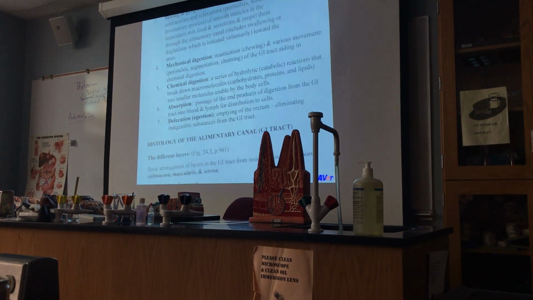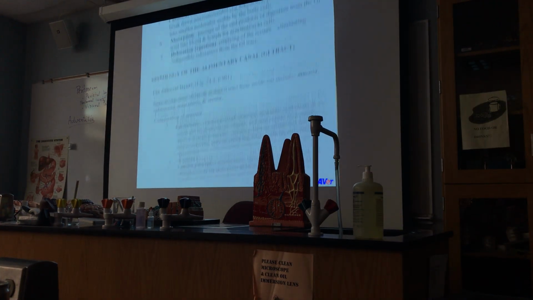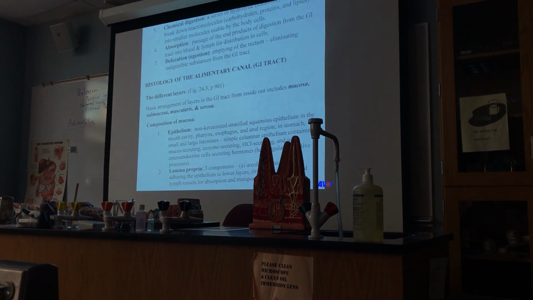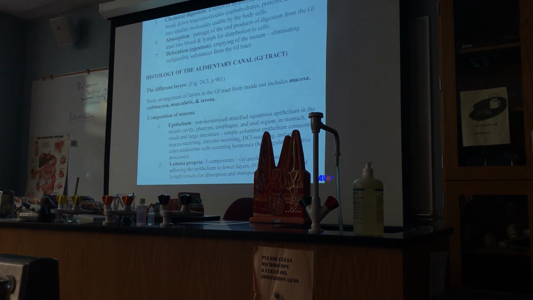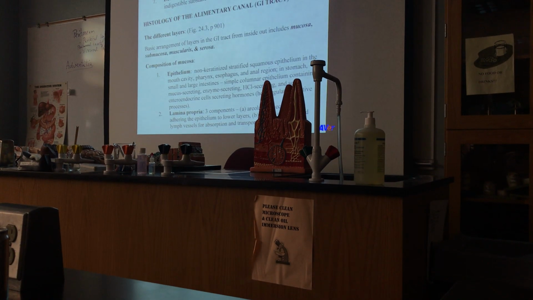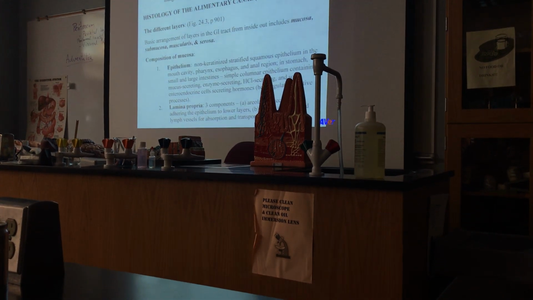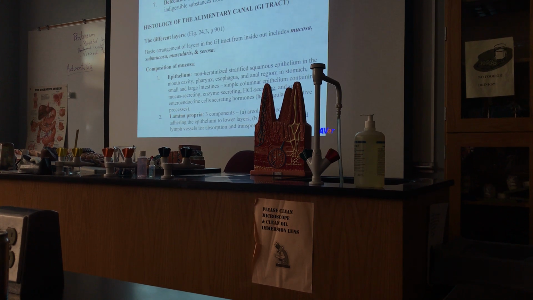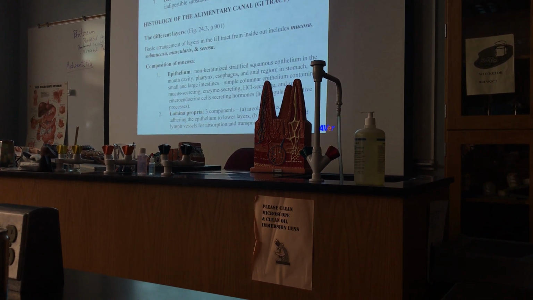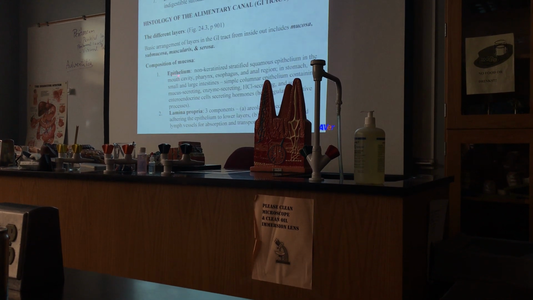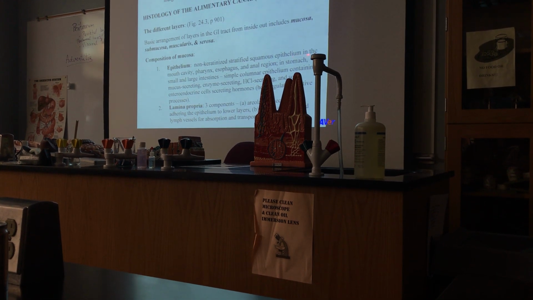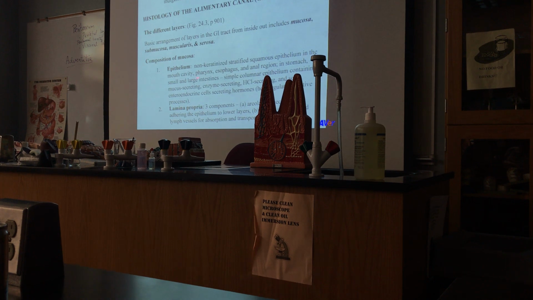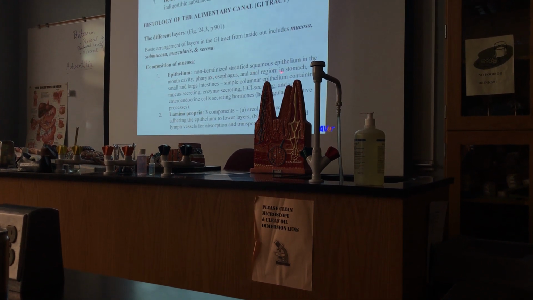Histology of the alimentary canal or GI tract. Basic arrangement of layers in the GI tract from inside out includes mucosa, submucosa, muscularis, and serosa. Epithelium: non-keratinized stratified squamous epithelium in the mouth cavity, pharynx, esophagus, and anal region.